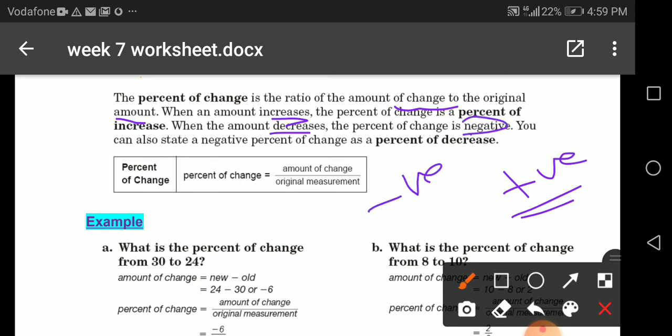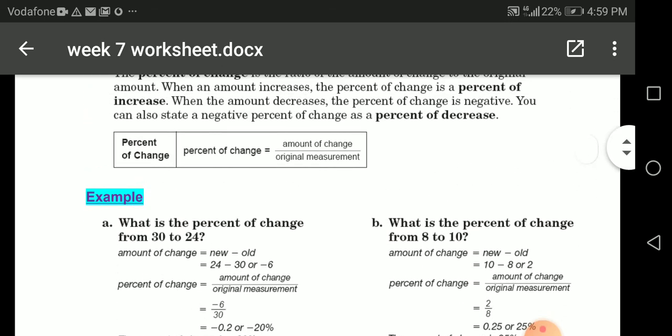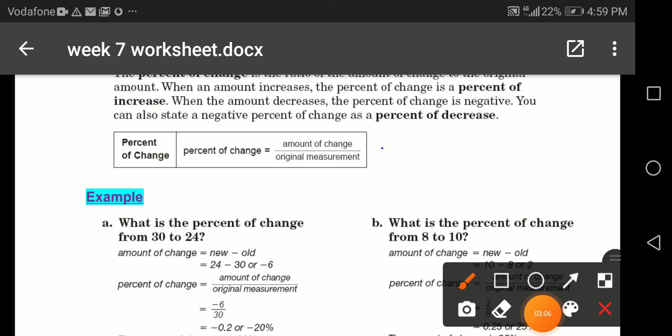You can also state a negative percent of change as a percent of decrease. Negative is decrease, positive is increase. Right, that's complete. And this is the rule: the percent of change equals the amount of change all over the original measurement.